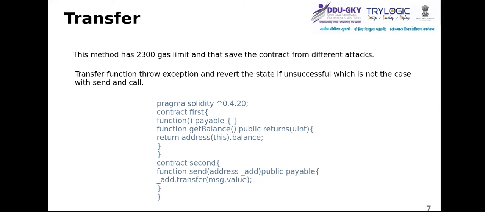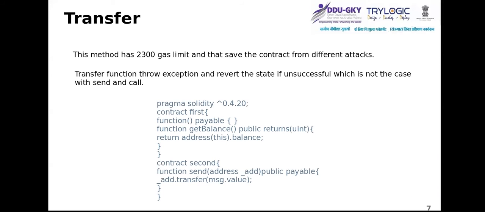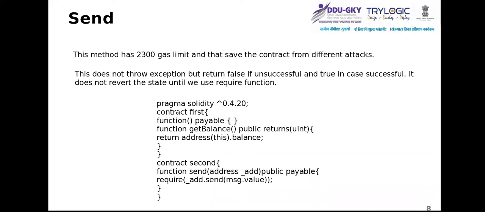So the difference between transfer and send is the exception. In the case of transfer, it will throw the exception if there is an unsuccessful transfer, but send will not throw the exception even if the transfer is unsuccessful. So in order to have the exception, we require the require function.